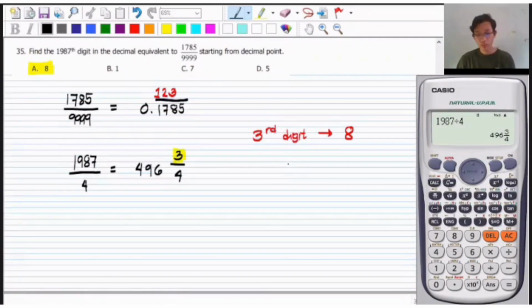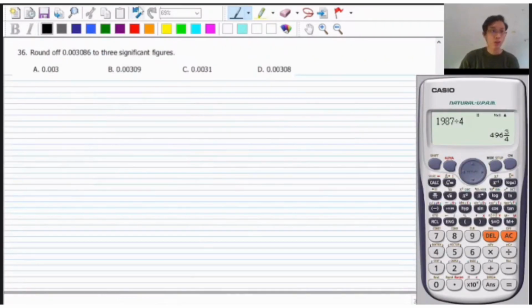Okay, number 36. Round off 0.003086 to 3 significant figures. Punta ka lang dyan kay scientific method. So, shift mode. Tapos yung sign. Okay, 7. Tapos, ano yung sabi? 3 significant. So, click 3.